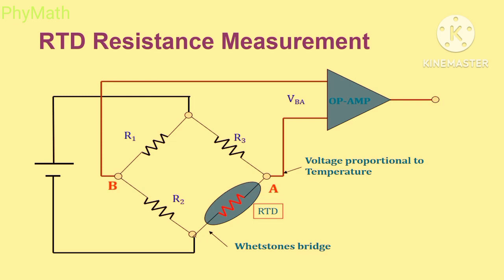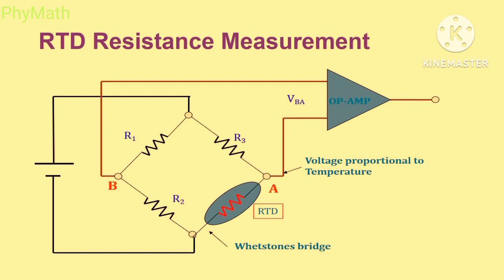To measure this output voltage, you can connect a galvanometer between point A and point B. By using the galvanometer, you can measure how much output voltage you are getting. In balanced condition, R1 upon R2 equals R3 upon the resistance of RTD, and the output voltage equals 0.